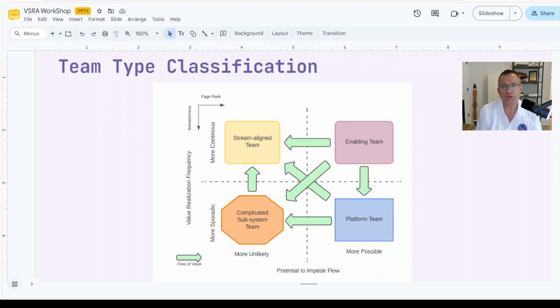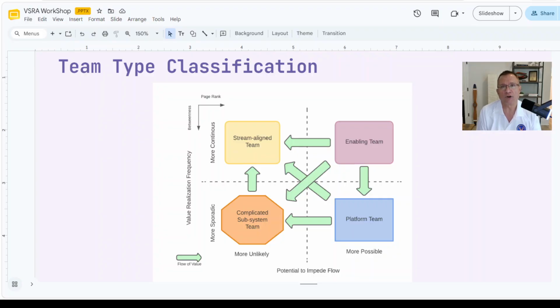And so we've got these 4 types: the stream-aligned teams, the enabling teams, the complicated subsystem teams, and the platform teams. Each one of those teams provides value to one or more of the other teams in various ways. And this diagram shows how that generalized flow of value or exchange of value happens between the different team types.